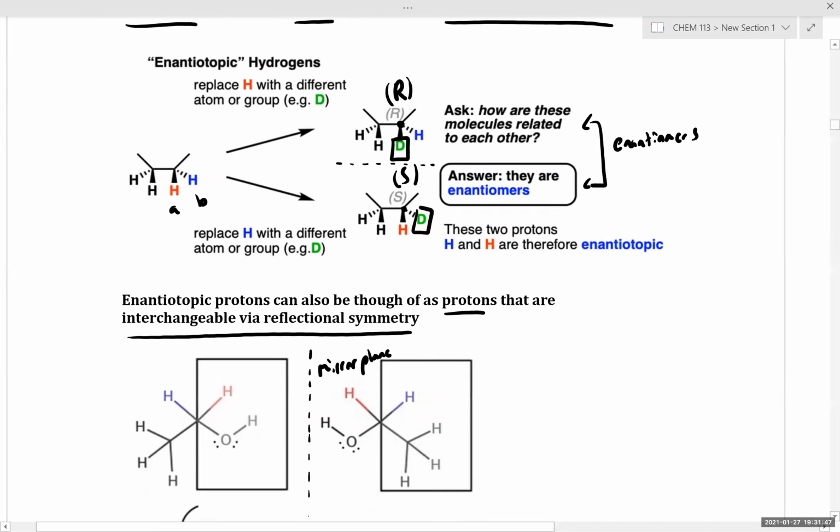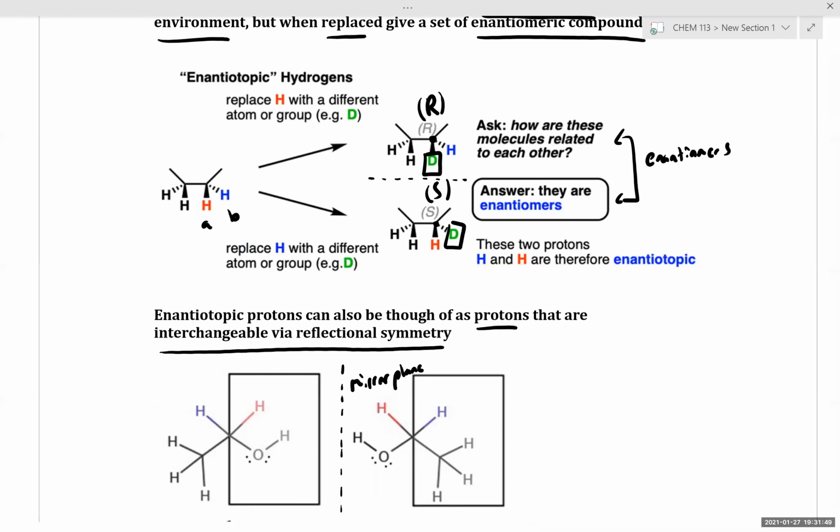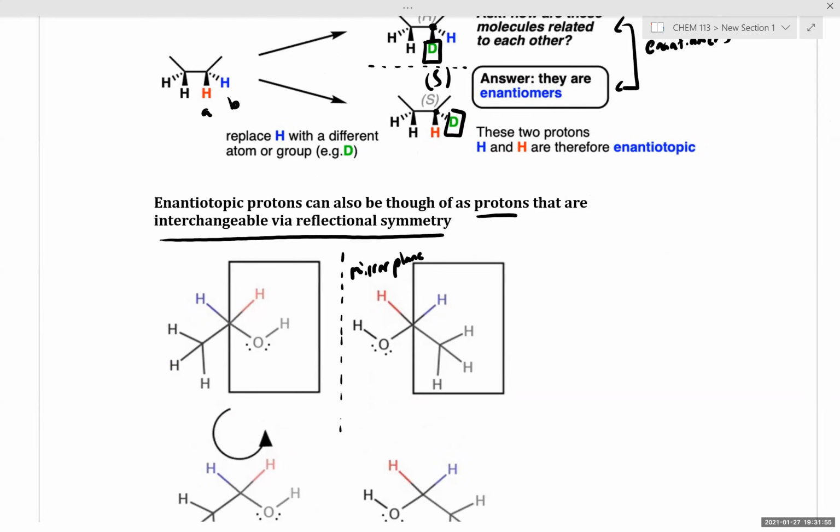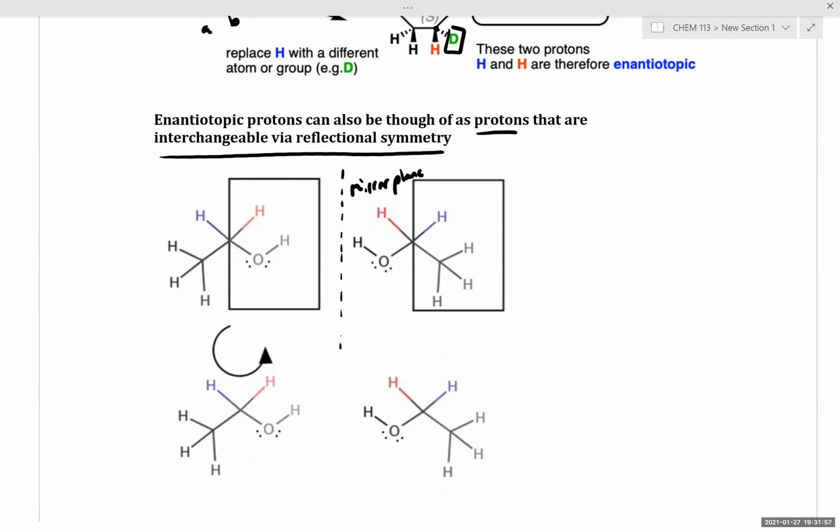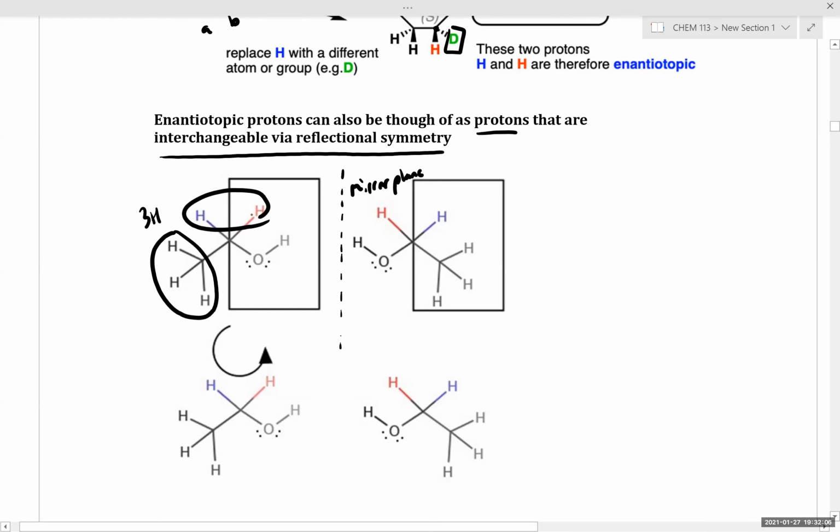Professor, for that compound right there on the very last one at the end of that page, will we see 3 peaks then? Yes. So these 3 hydrogens are equivalent. These two hydrogens are enantiotopic, but will be part of the same signal.